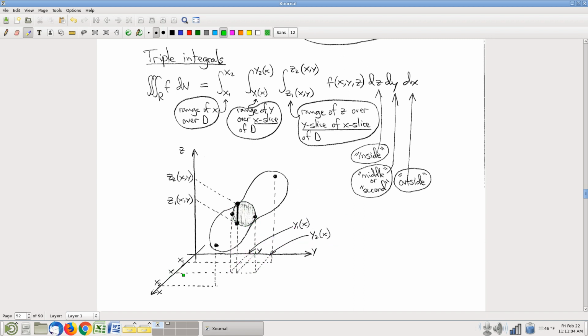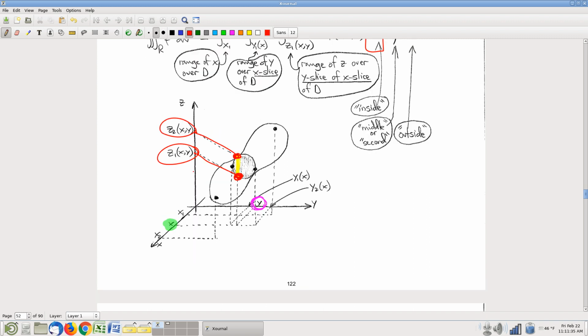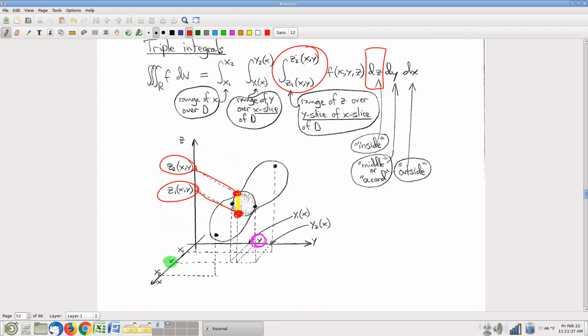So on that x slice, x is fixed, then we furthermore fix a value of y, and on that y slice of that x slice, all we have left is a little french fry. A little twig sticking up there. And on that, we look for where's the first value of z? Where's the last value of z? That gives me z bounds.